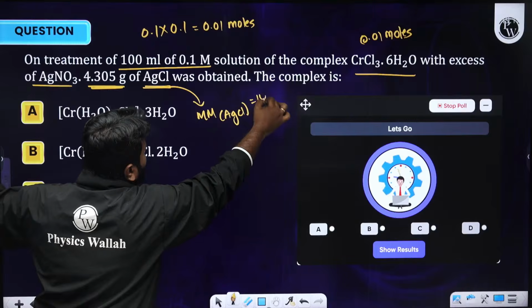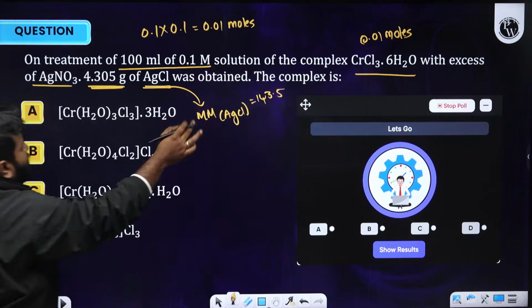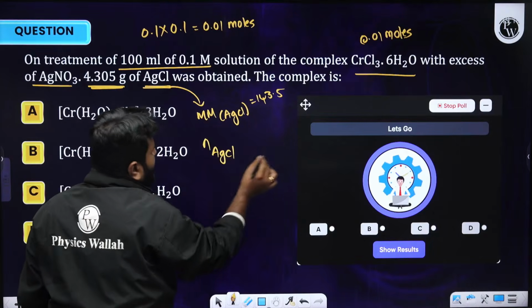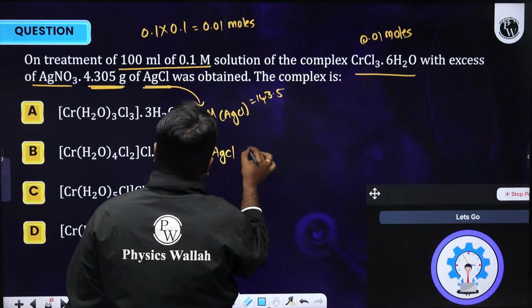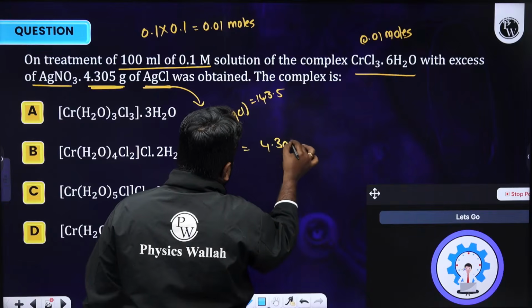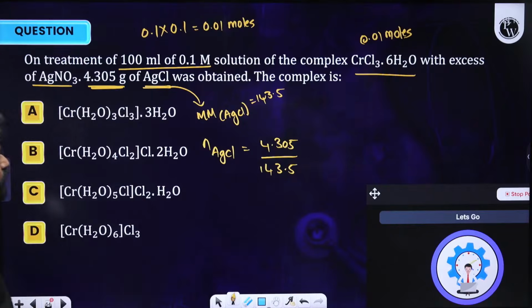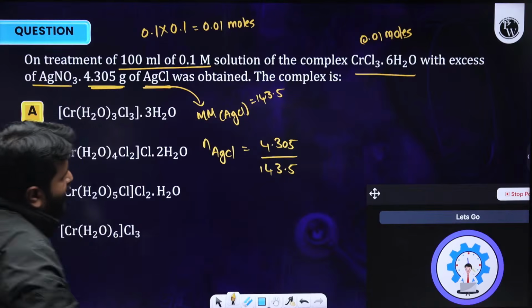So from this it is very easy for us to calculate the number of moles of AgCl. Number of moles of AgCl is 4.305 divided by 143.5. If we solve this, approximately how many moles will we be getting? 3 times 3 is 9, 3 times 4 is 12, 3 times 1 is 3, so 429 will come.